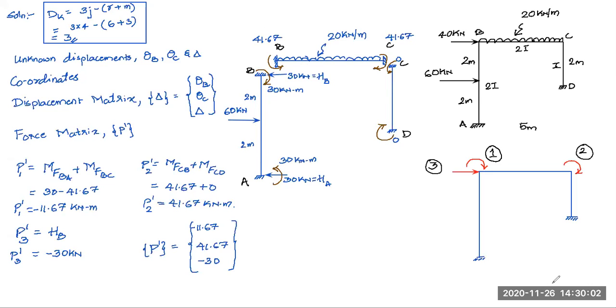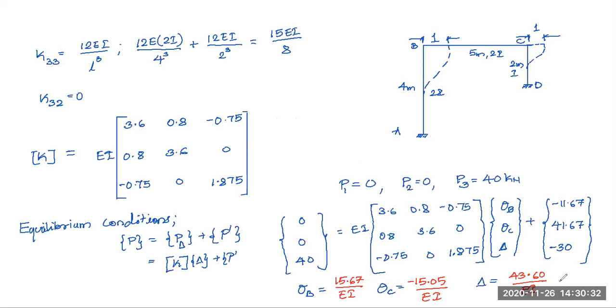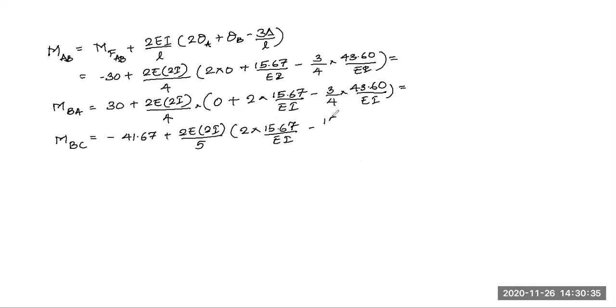Minus 41.67, plus 2E into 2I divided by 5 into 2 times theta B, which is 15.67 by EI, plus theta C. I think theta C is negative, so plus minus 15.05 over EI, minus 3 by 5 into 0. Delta is 0 for this member.